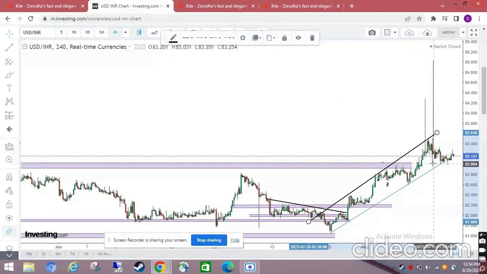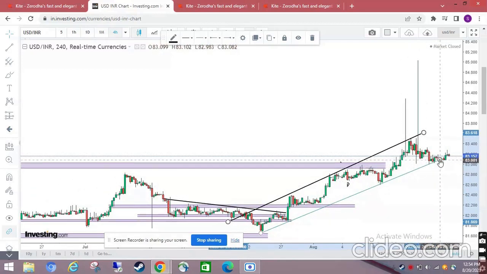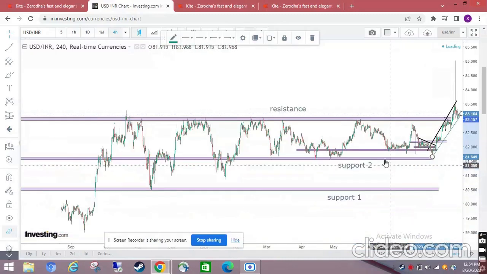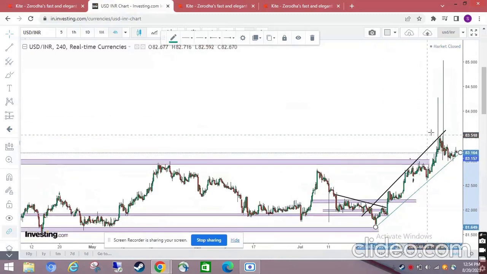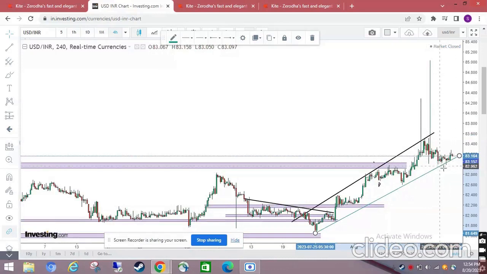But since this area, which was the major resistance, has been broken and has taken support, this is a kind of pullback of an up move. So we still consider this an uptrend.